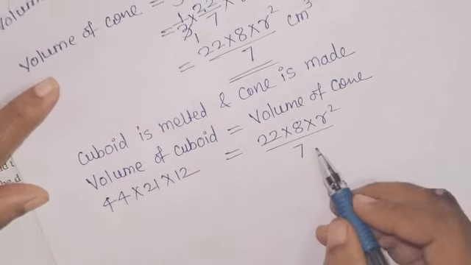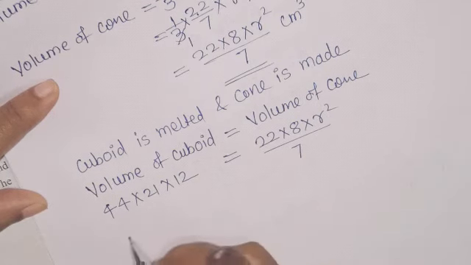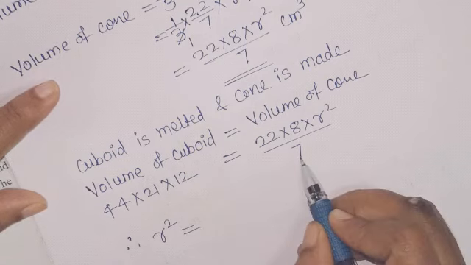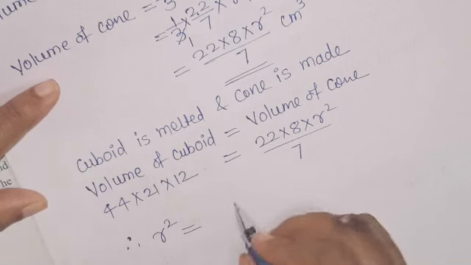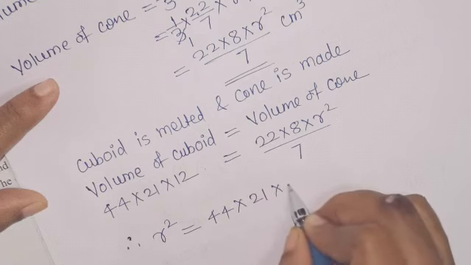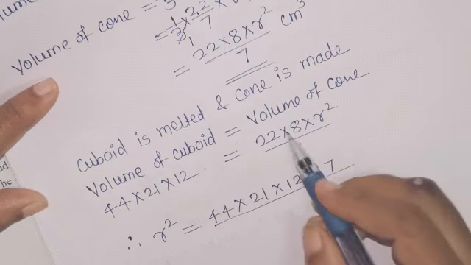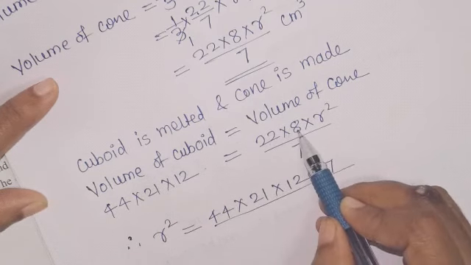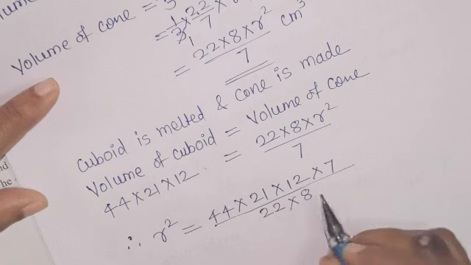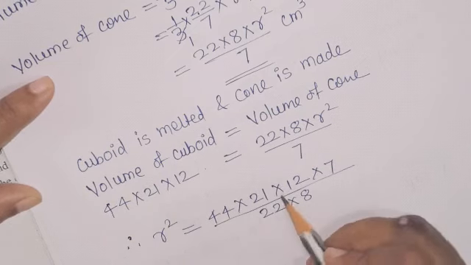Okay. Now we have to find out value of this r square. So therefore r square is equal to this 7 first we have to take here. 44 multiplied by 21 multiplied by 12 multiplied by 7 upon 22 into 8 into 8. Now let us divide this.